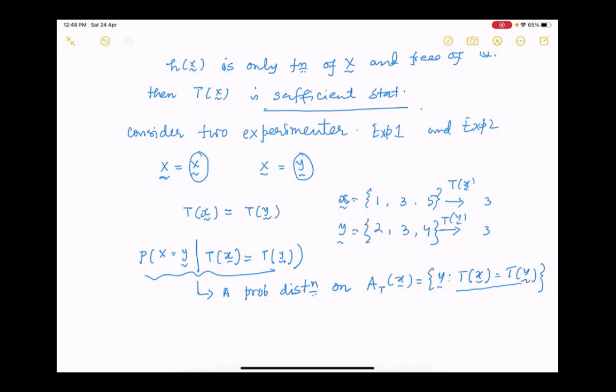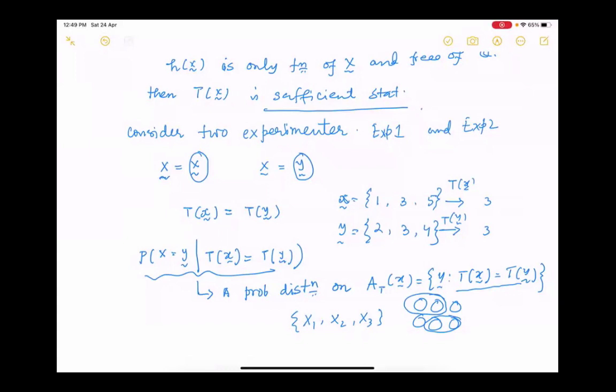Suppose your sample is of size 3: x1, x2, x3. Think of how many such partitions are possible. Consider all those partitions. Now the partitions which give the exact same T are treated as one case. That's how you can think of it.